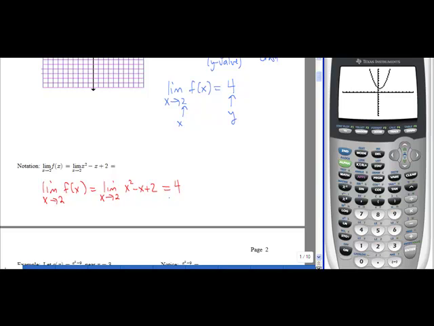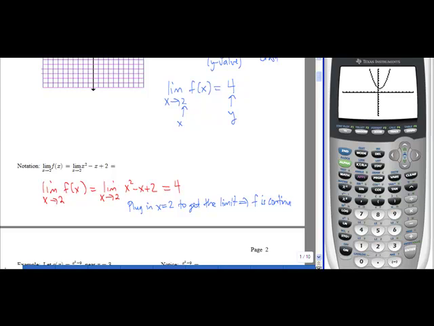And that's a nice property to have. If you can just take 2 and plug it in and get the value of your limit, that is called continuity. So the fact that we could just plug in x equals 2 to get the limit implies that this function f is what we call continuous.